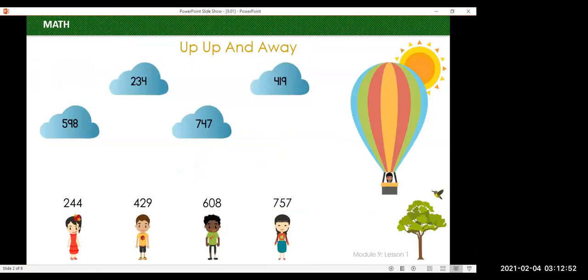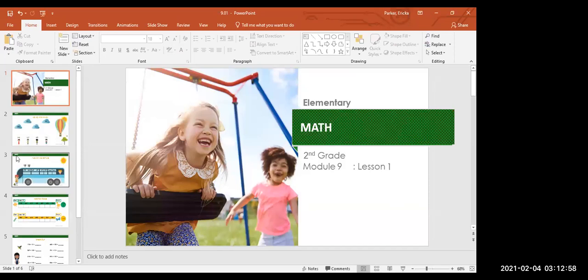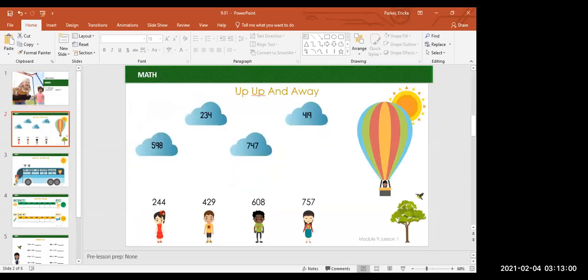Now, I want you to look here at this. Change my screen here so I can get to it a little bit better. And I want you to pay attention here to the numbers. I want to see if anybody noticed what's going on with these numbers.